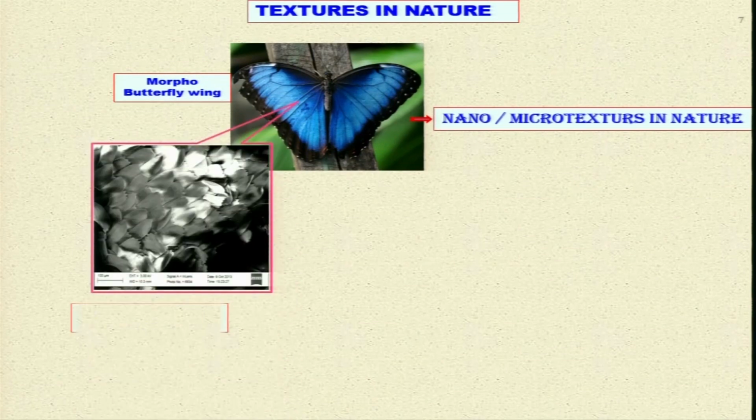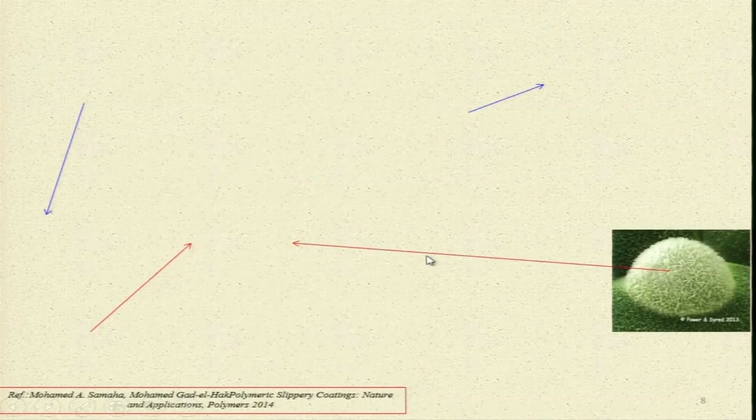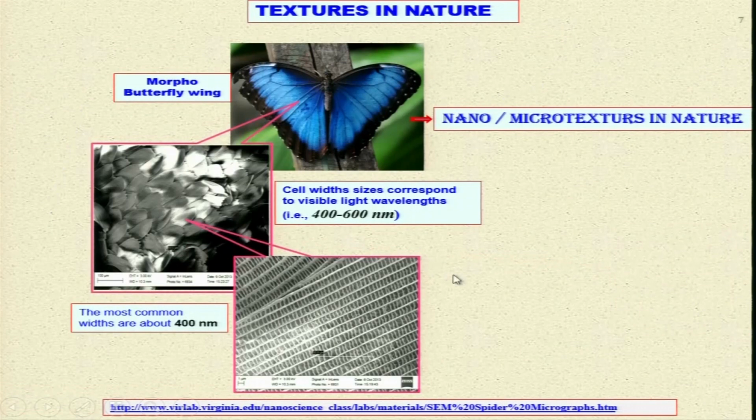Now textures in nature, some other examples. You can see here, this is an insect, the morpho butterfly wing. Now if you enlarge a very small area of this, you will find this kind of surface texture. So cell width sizes correspond to visible light wavelength of 400 to 600 nanometer over here.